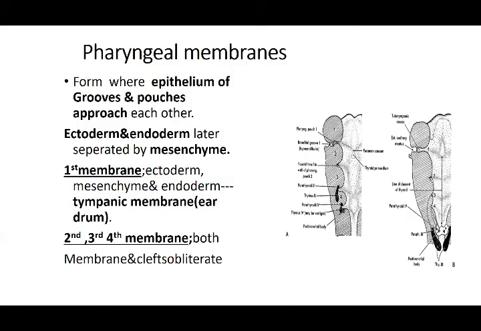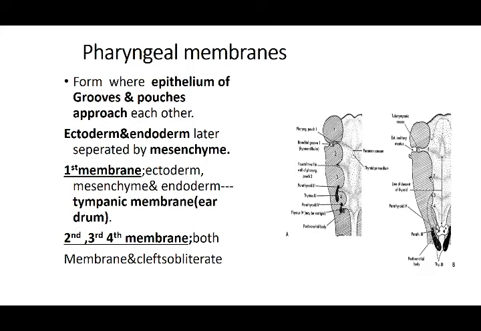Now we said pharyngeal membrane is that portion where, if you see in this picture, on the inside is your endoderm, lining the cavity, because endoderm lines all your body cavities, the body organs. So this picture shows you on the inner side it's going to be your endoderm, the outside is going to be your ectoderm, and where the two are meeting in the middle is your mesenchyme.